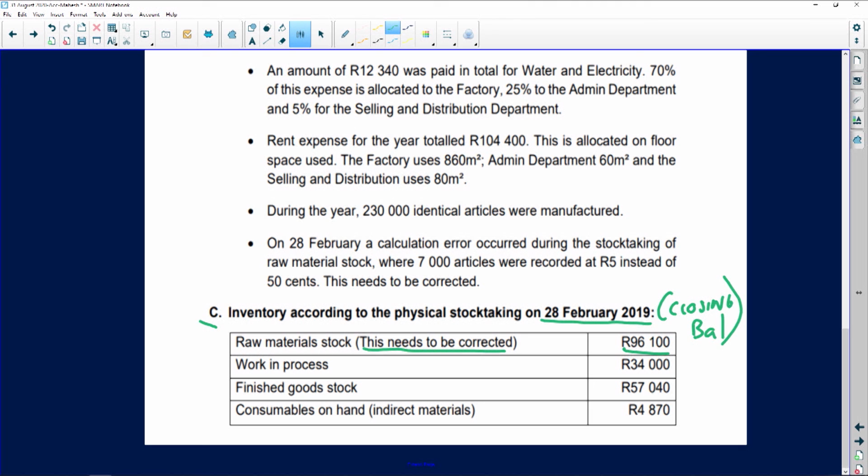Okay, so what are they referring to? If we look at the information above, on the 28th of Feb, a calculation error occurred during the stock taking of raw material stock where 7,000 articles or 7,000 items were recorded at 5 Rand instead of 50 cents. This needs to be corrected.